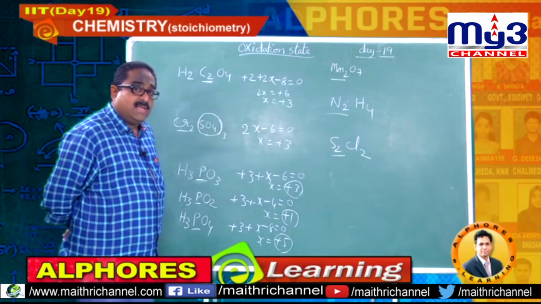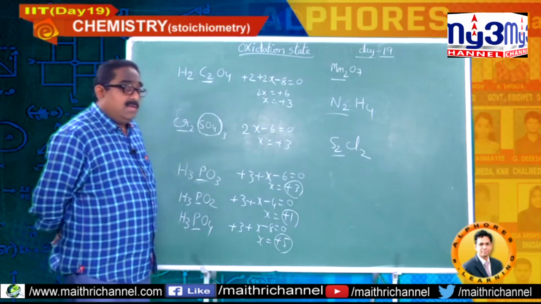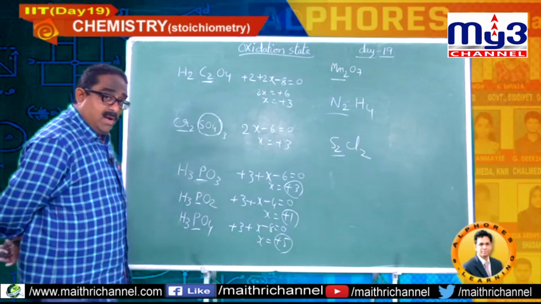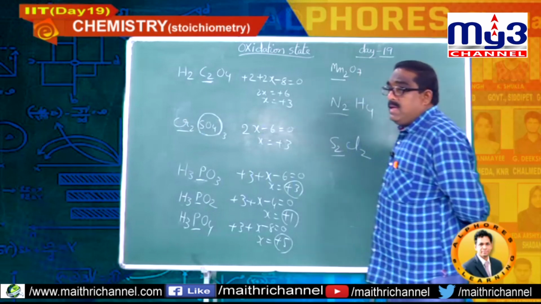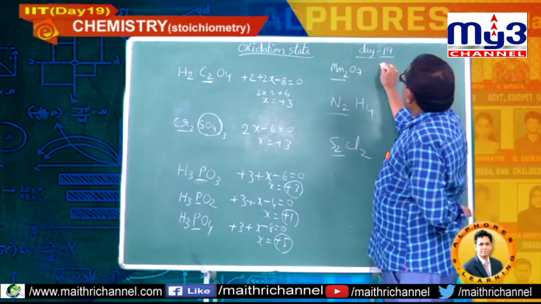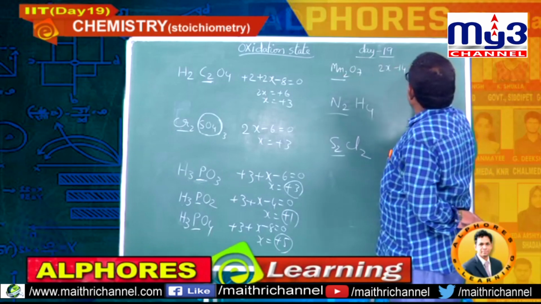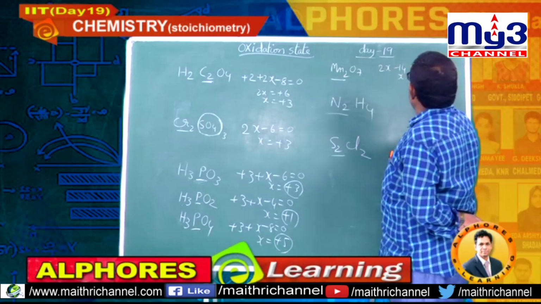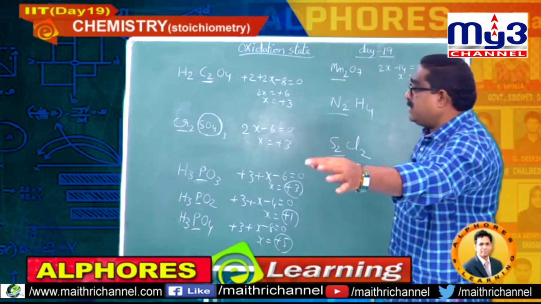So the maximum oxidation state of phosphorus should be +5. So all these are allowable. Next, for manganese I am calculating 2x, 7 -2 -14 equals to 0, x equal to +1. Manganese belongs to the 7th B group, so that oxidation state is also possible.